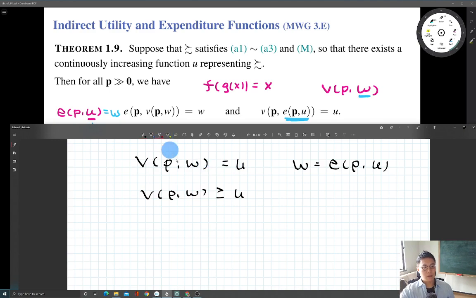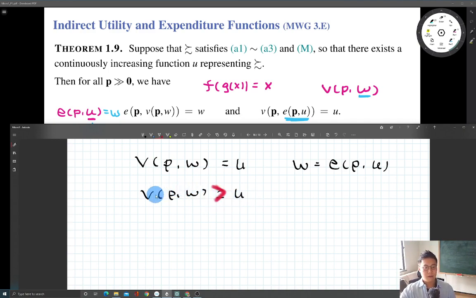So the only thing we have to do is show this strict inequality never happens. And the proof goes the same way, we use proof by contradiction. So suppose to the contrary, this inequality holds.